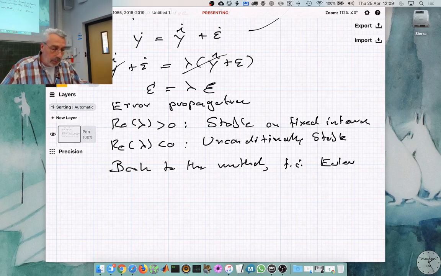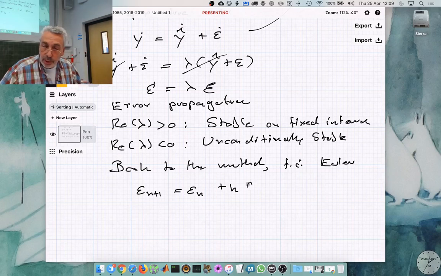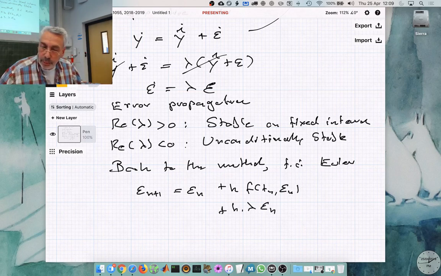And I'm looking at error propagation, so I should write epsilon. So I write epsilon n plus 1 is epsilon n plus h times this differential equation for epsilon, so epsilon n plus h times lambda times epsilon n.